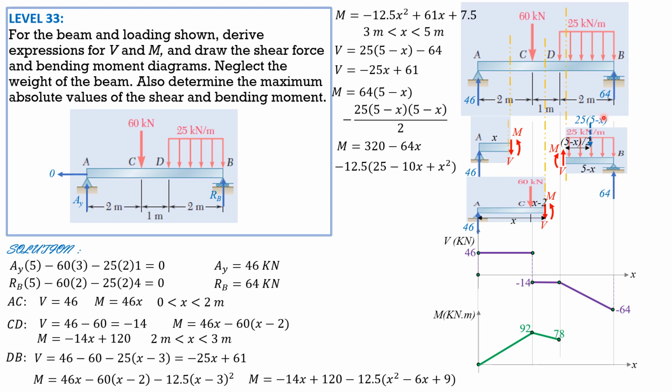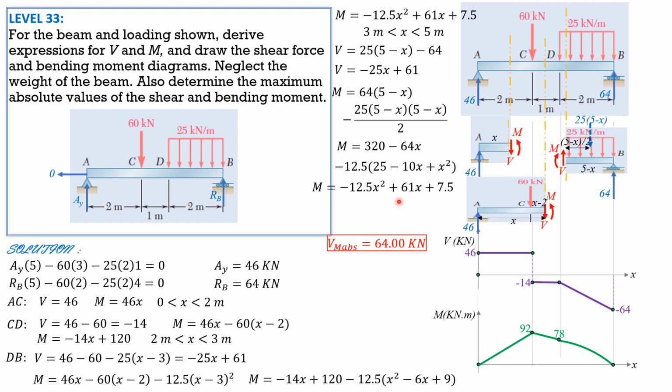Now for the moment, this moment is clockwise positive. So clockwise moment equals counterclockwise moment. Therefore, moment equals 64 times 5 minus x minus the moment of this load, 25 times 5 minus x times quantity 5 minus x over 2.